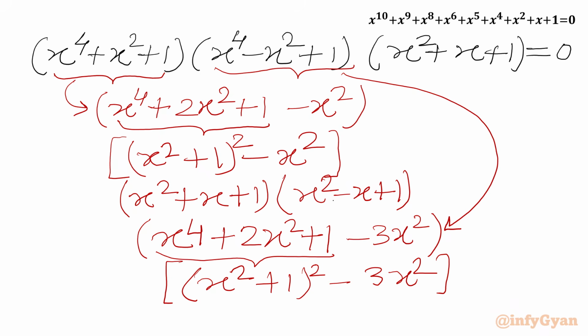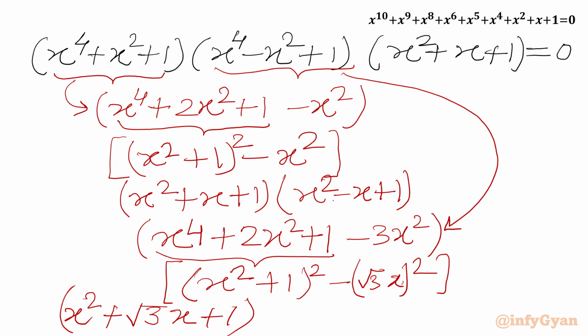Now we can write 3 as root 3, so we will write here root 3 times x whole square. Now we can apply the difference of two squares formula. So we will get x square plus root 3 times x plus 1 in one bracket, and in the other bracket we need to write x square minus root 3 times x plus 1.